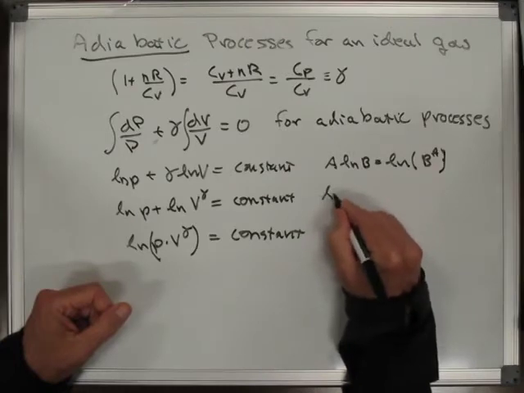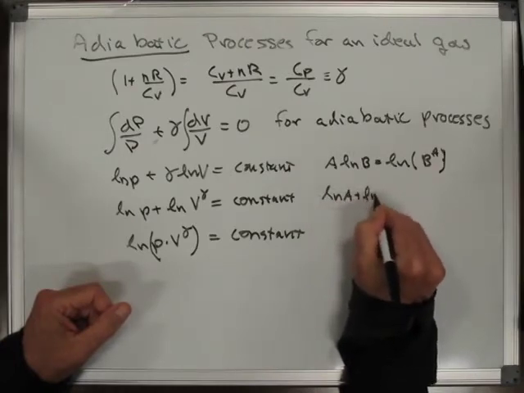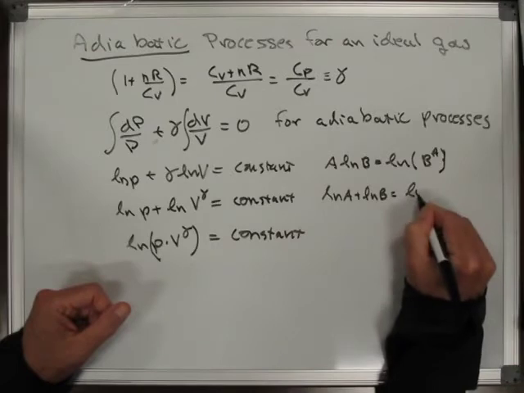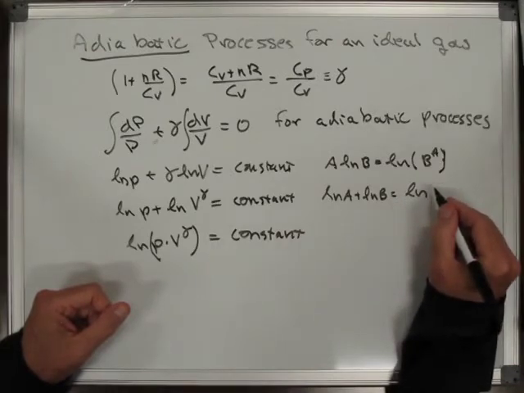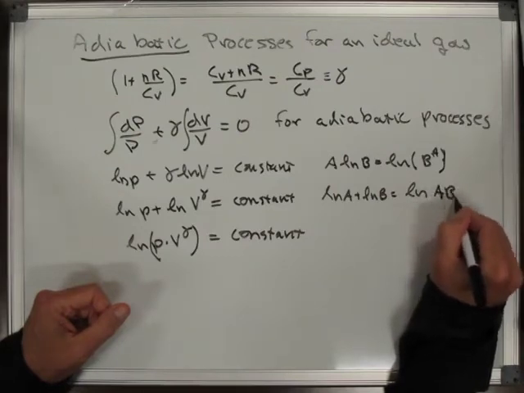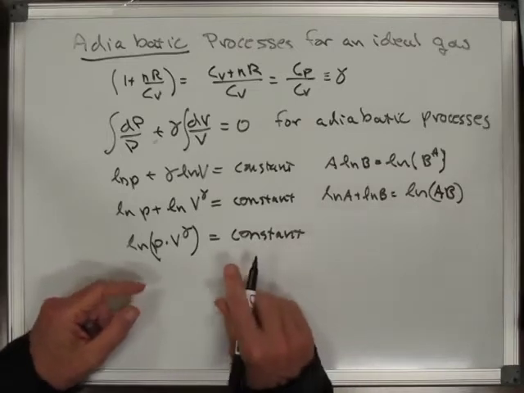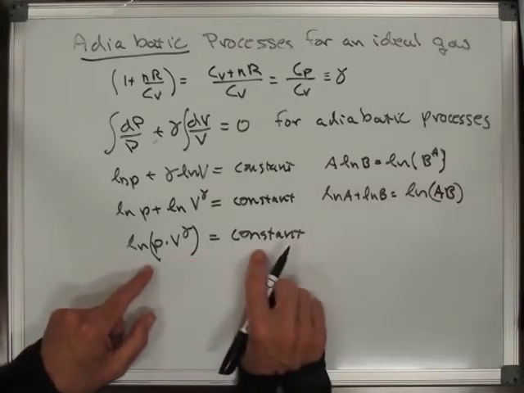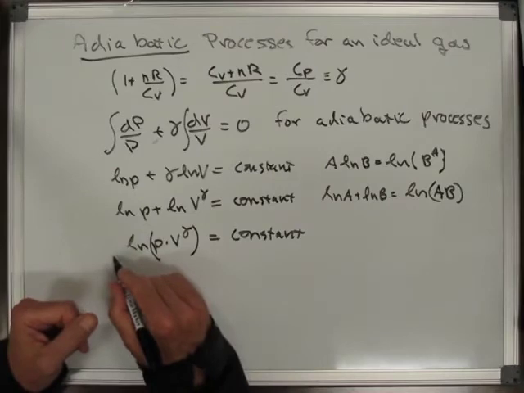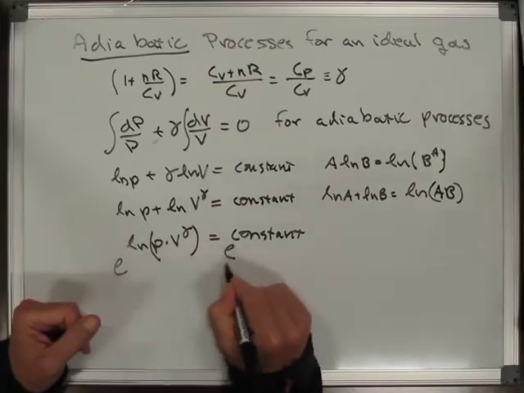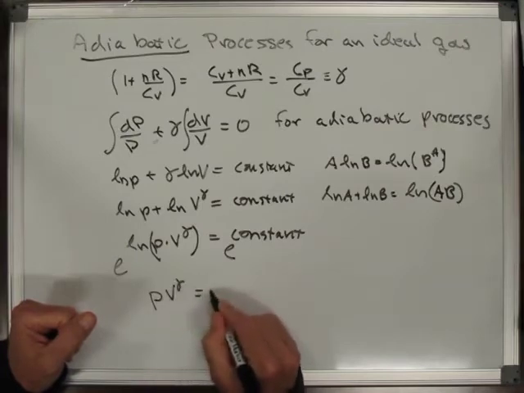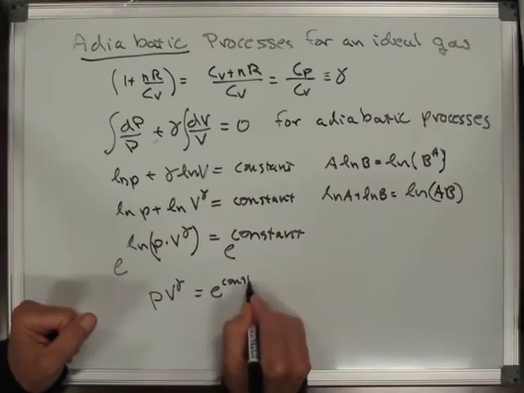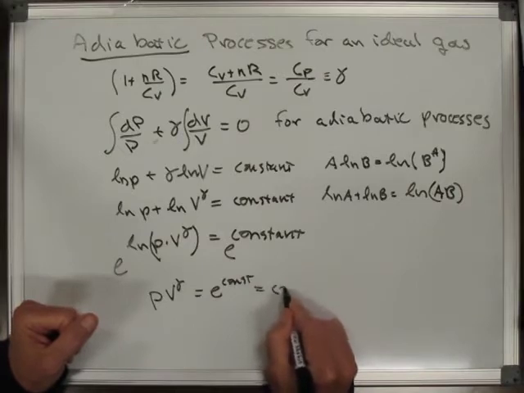And this one is log A plus log B is equal to log of AB. And so now I have this. Well, I can raise e to both sides. And this gives me PV to the gamma is equal to e to the constant, which is just a constant.